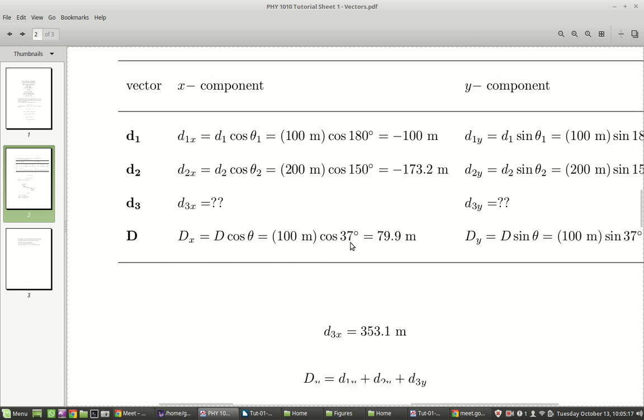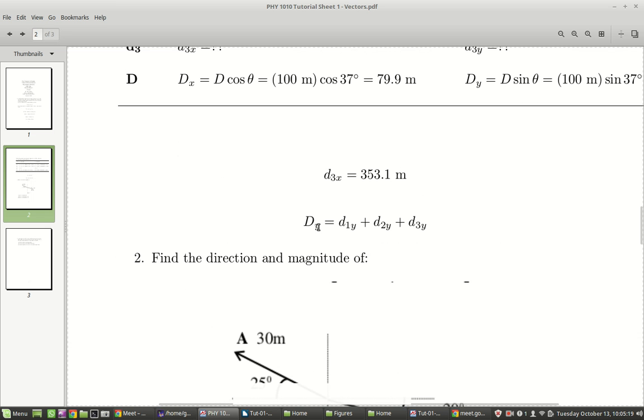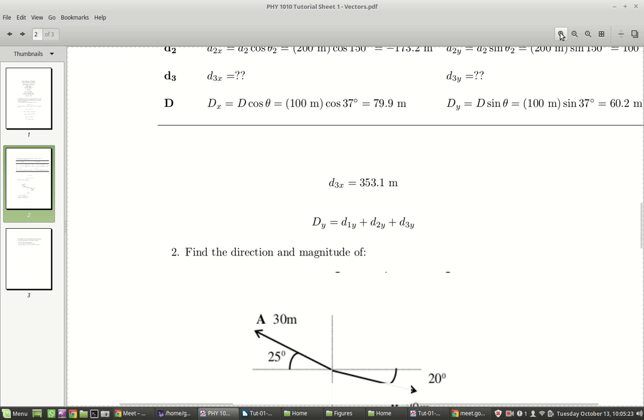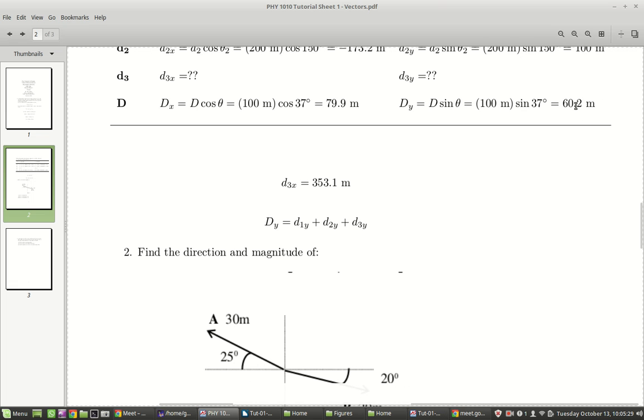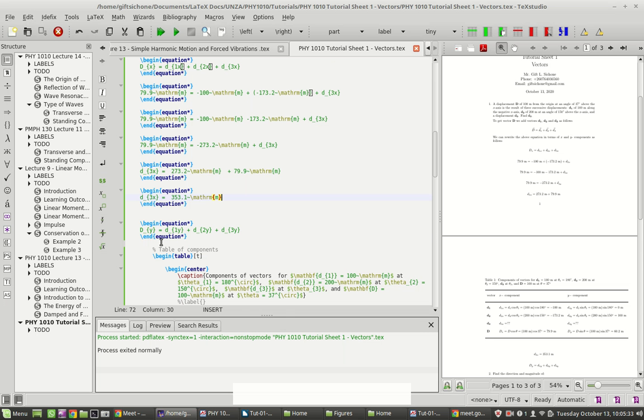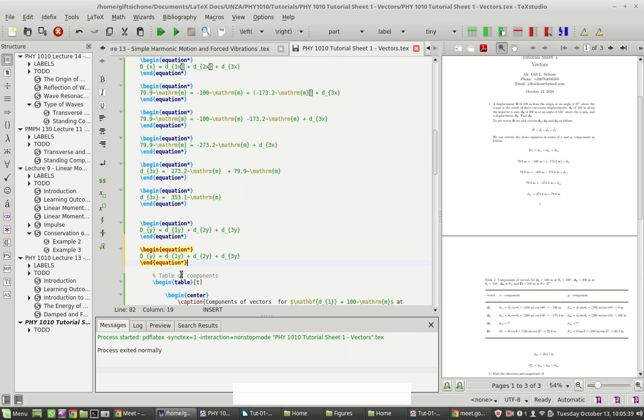So we substitute the value for dy. What value do we have for dy? It's 60.2. dy is 60.2.